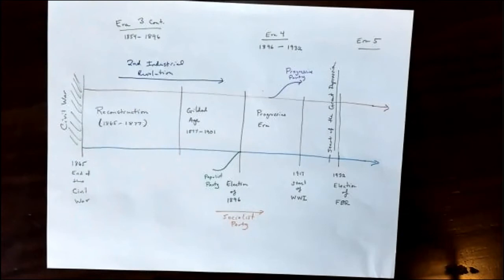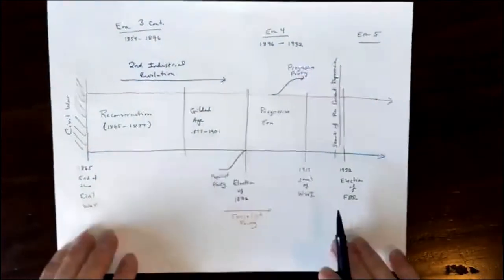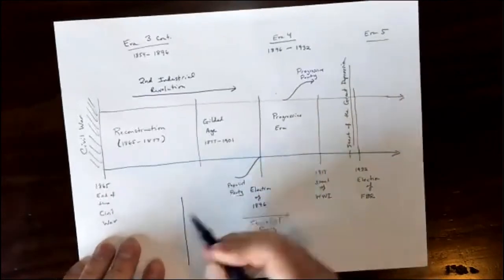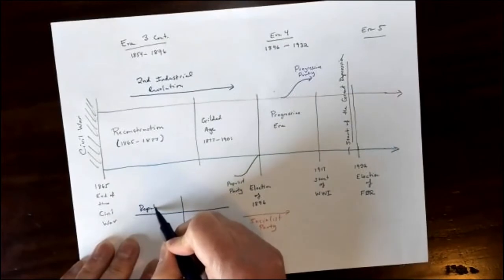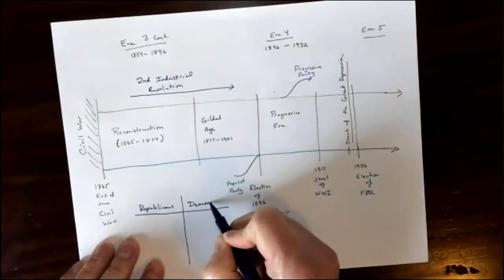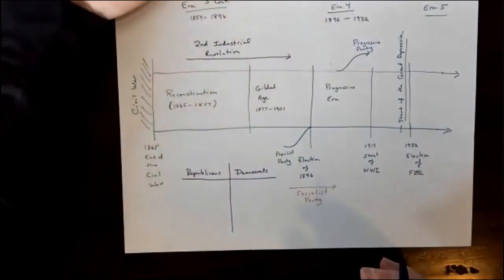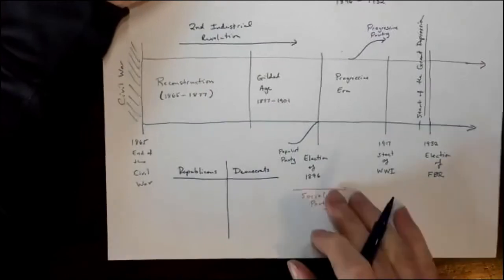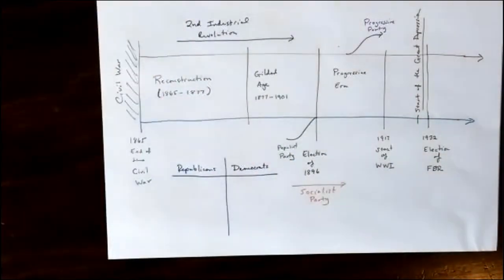So what do we need to know about the differences between Republicans and Democrats in this era? Well, as before, there are some consistencies. So let's go through those. Republicans here, Democrats over here. The pro-business, pro-agriculture divide is going to be a consistent part of these two political parties.